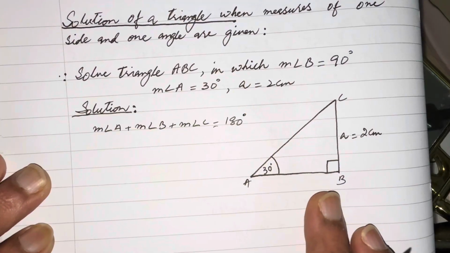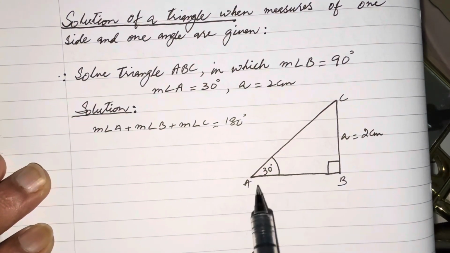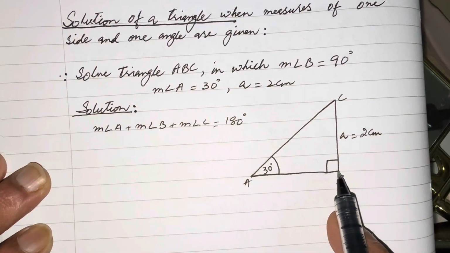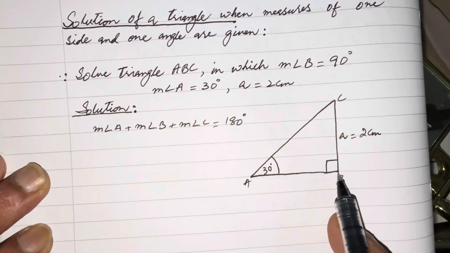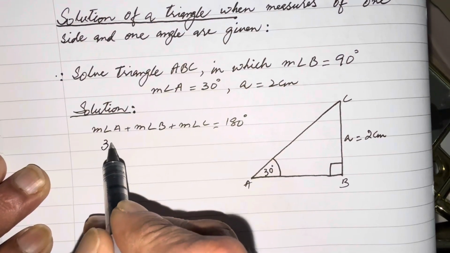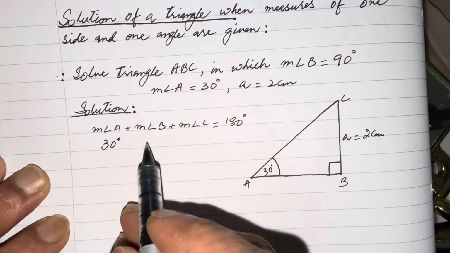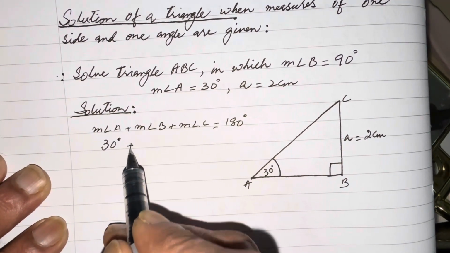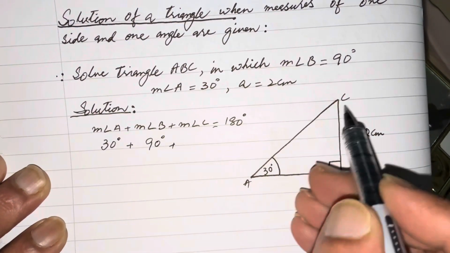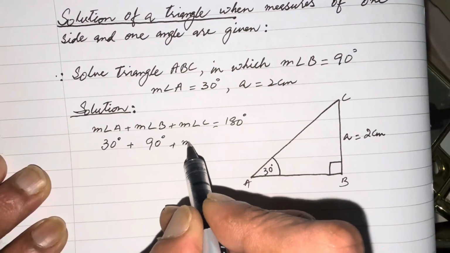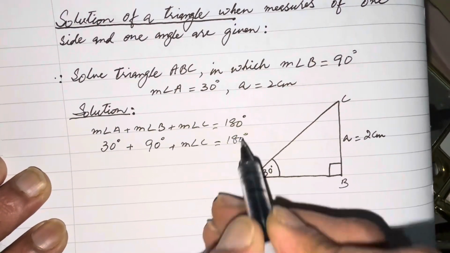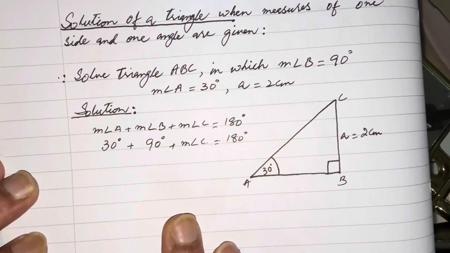So now, you see that two angles are given: angle A is equal to 30 degrees and the other one, angle B, is 90 degrees. If we put 30 degrees in place of measure of angle A and measure of angle B is equal to 90 degrees, we can find the measure of angle C. The sum is equal to 180 degrees.